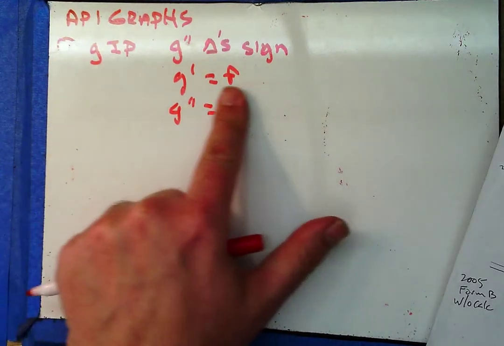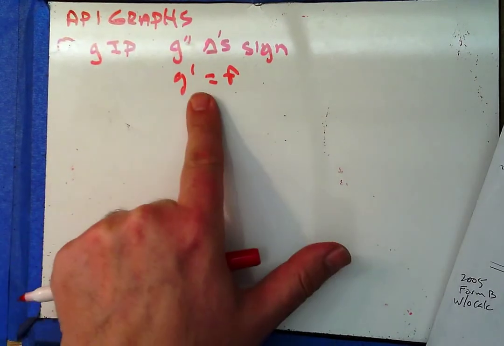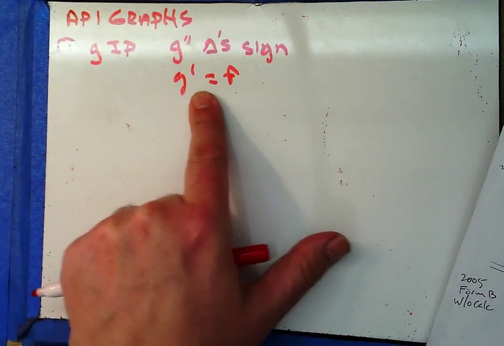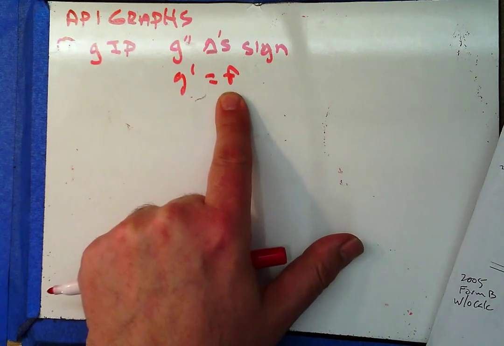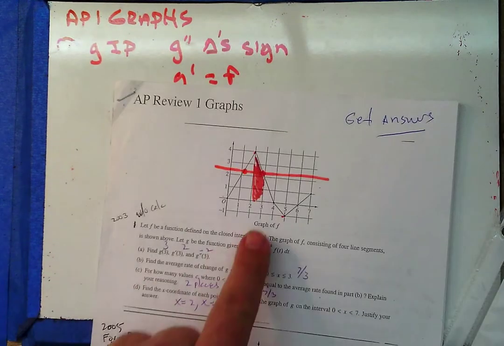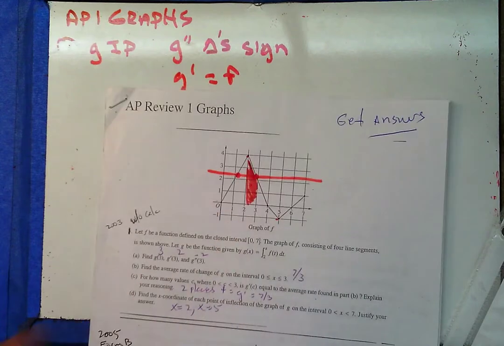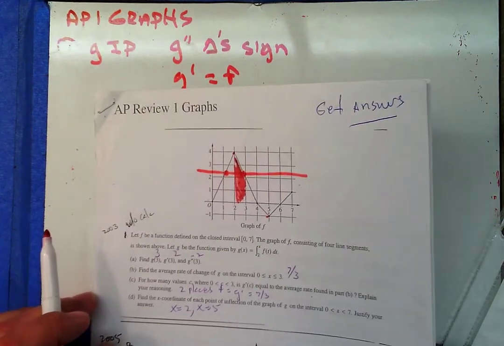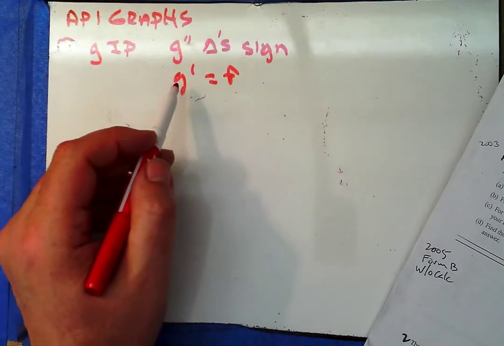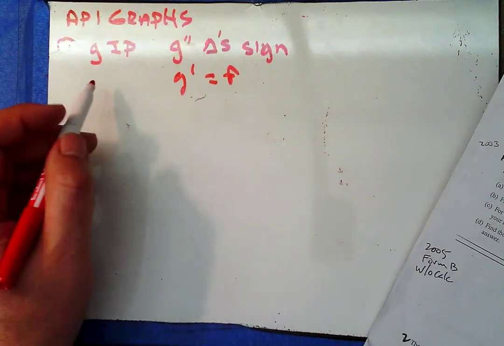But I could also do that with g prime. g prime equals f. And since they gave me a graph of f and not f prime, I kind of want to use this, since they say justify your answer.